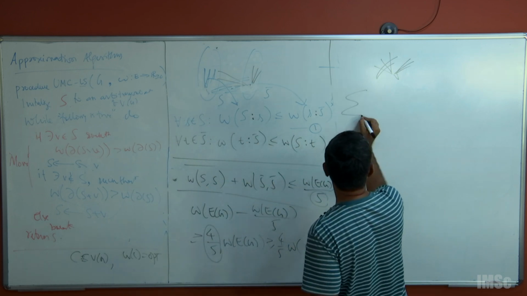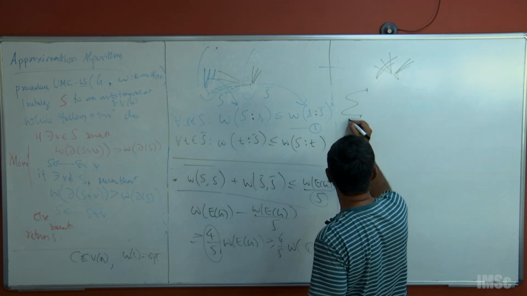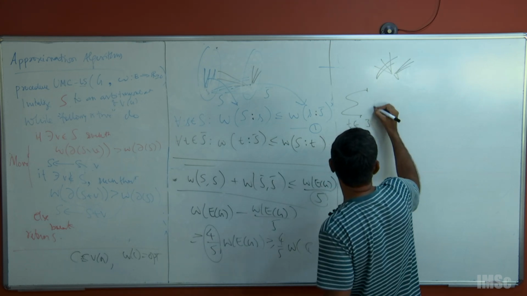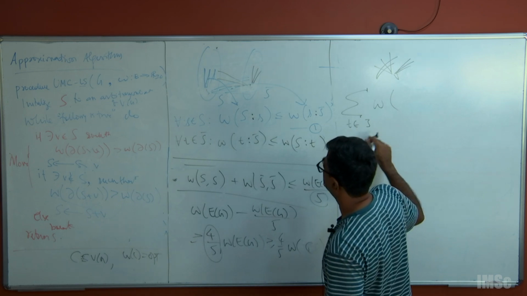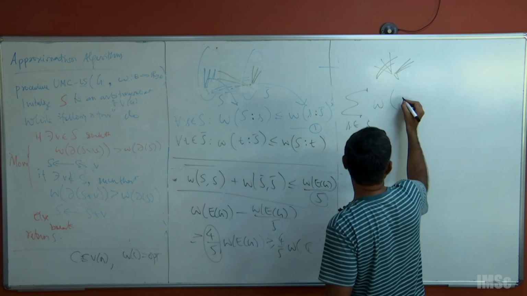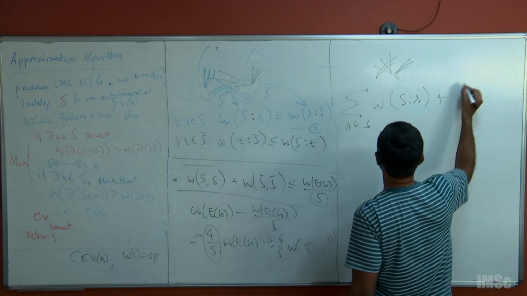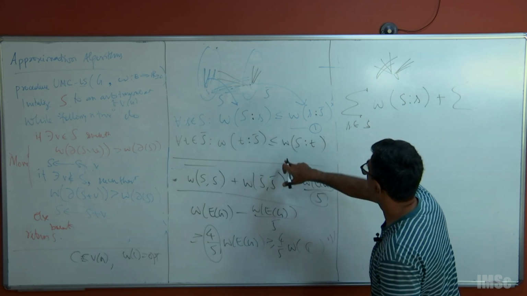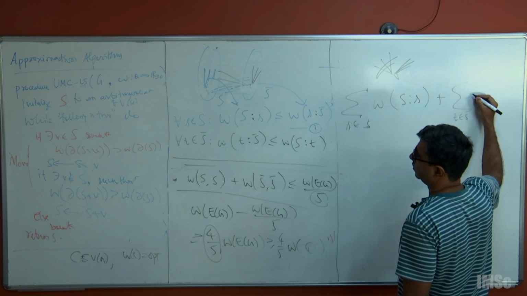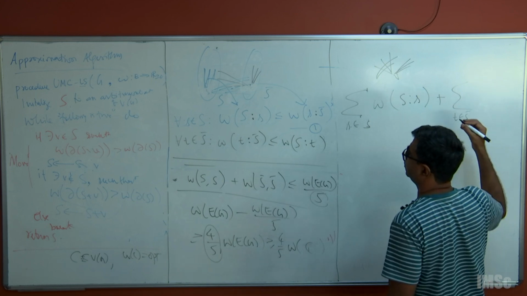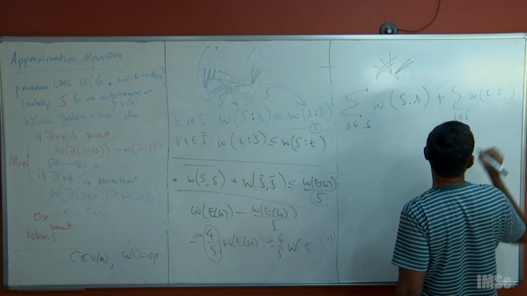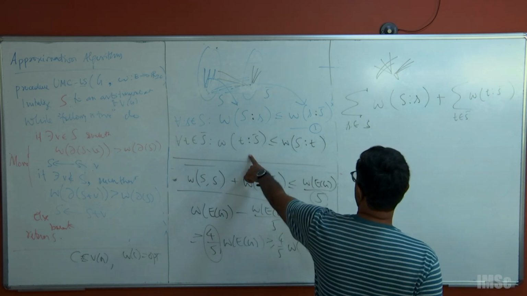So what will happen? For all s in S, it is the weight of S comma S. For all t in S bar, I want to compute the weight of T to S bar.